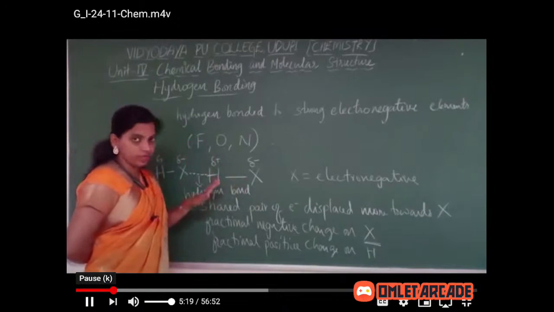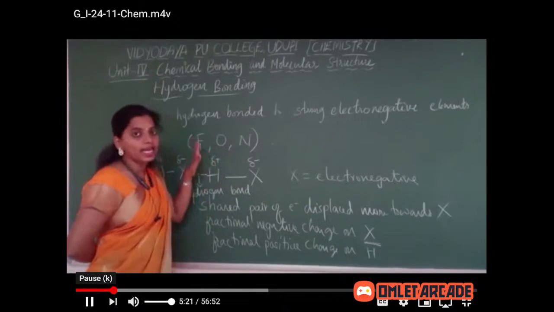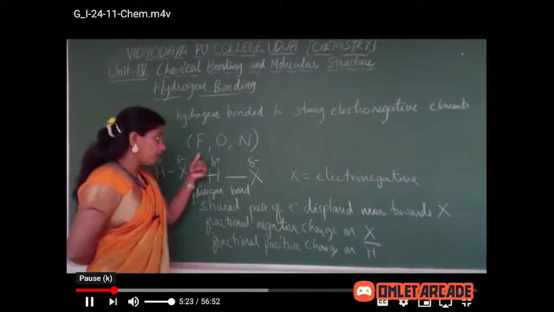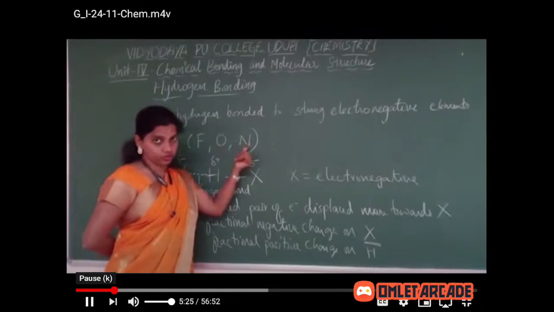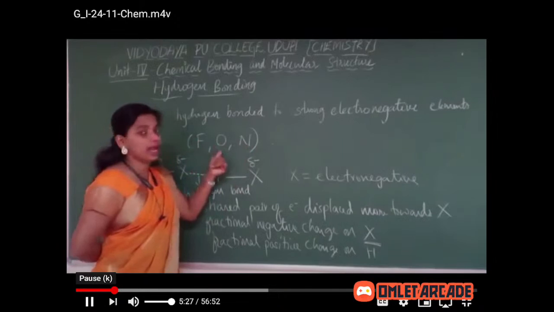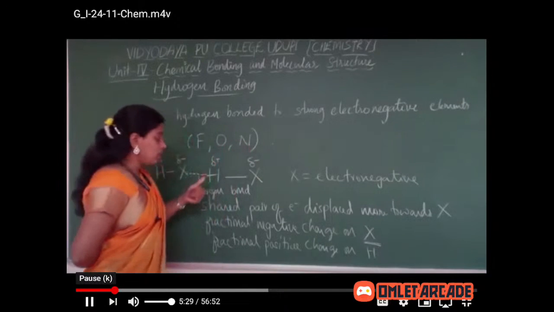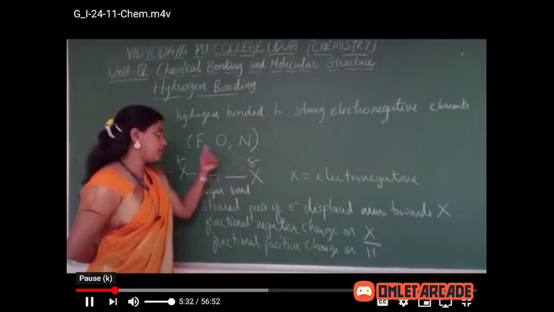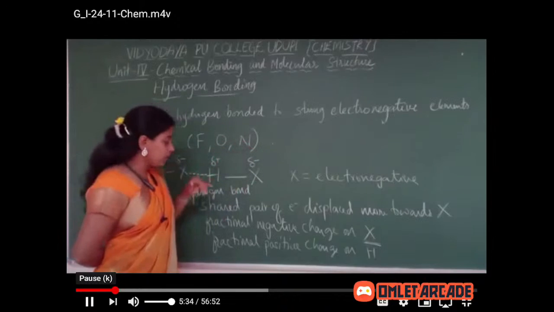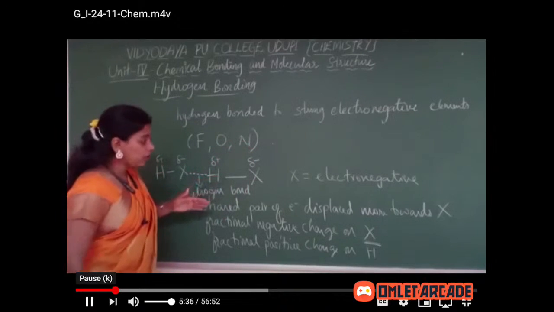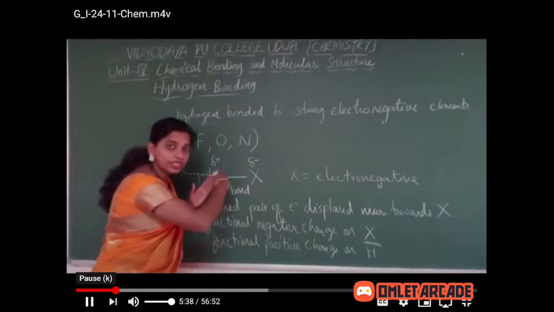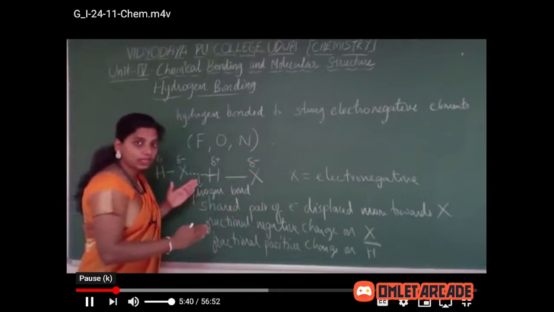When hydrogen is bonded to highly electronegative atoms, fluorine, oxygen, nitrogen, because these three are highly electronegative atoms. For example, here X can be fluorine, oxygen or nitrogen. The shared pair of electrons is displaced more towards X because it is highly electronegative.